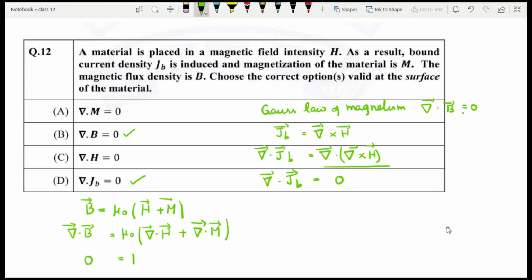That is equal to mu naught del dot H plus del dot M. Therefore, we will be getting del dot H is equal to minus of del dot M. Therefore, we can say option A and option C are incorrect. Answer is option B and option D.